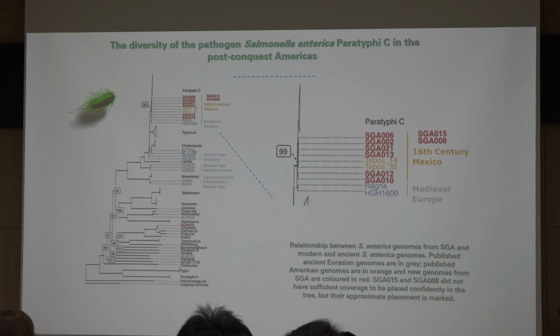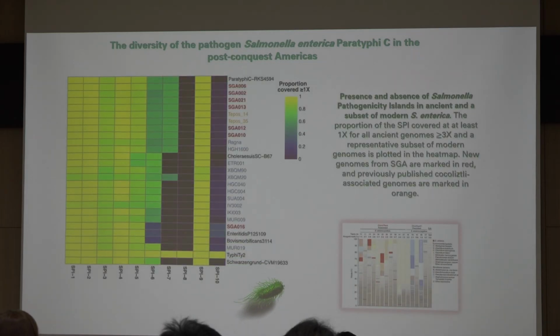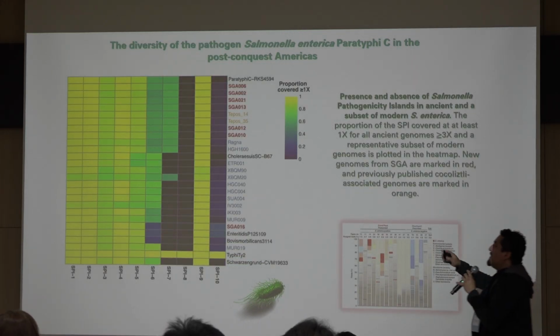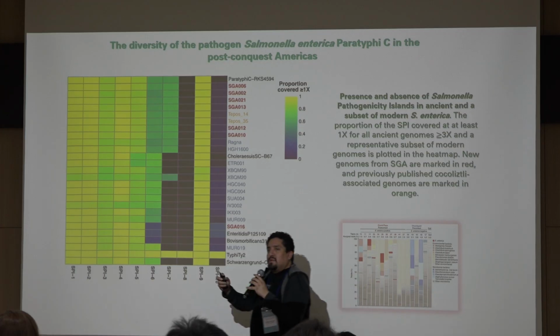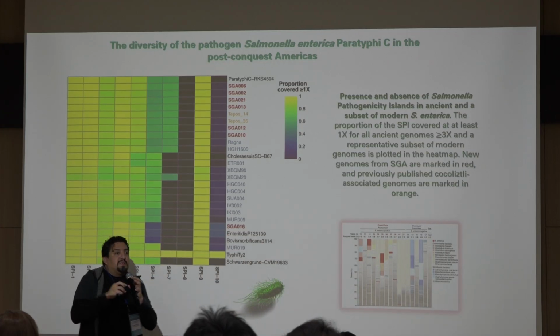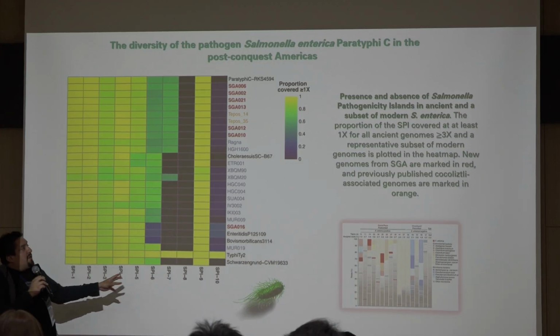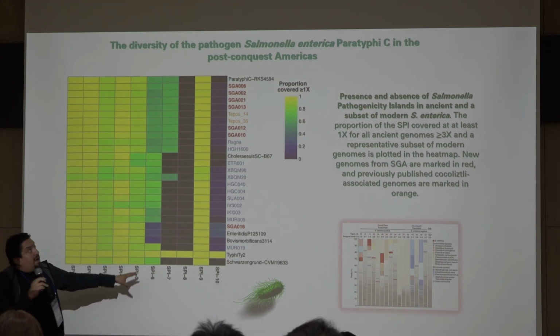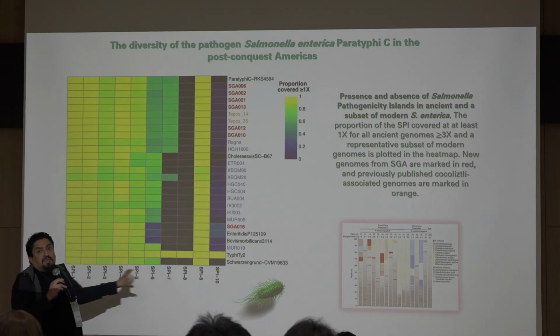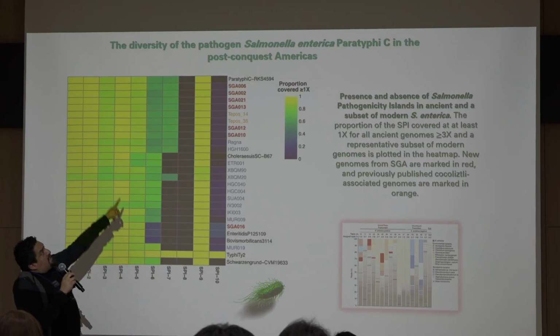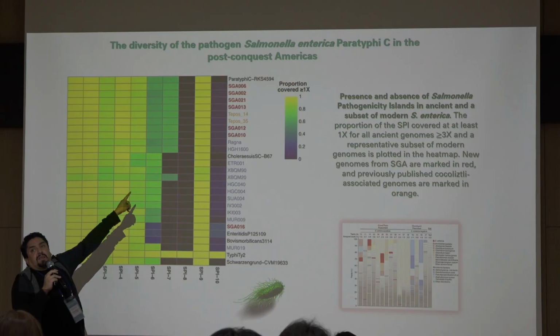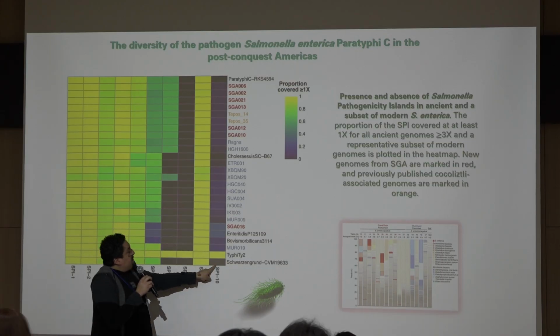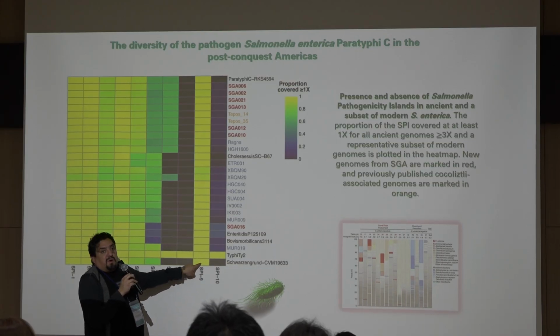But you can say again, they look alike. What if they evolved independently and are not related? Fair enough. We have another test, which is to compare the presence and absence of genes. This is not single mutations; these are full genes organized in what we call pathogenicity islands. We have 10 of these pathogenicity islands for Salmonella, and we can see the pattern of presence and absence, where yellow is present.